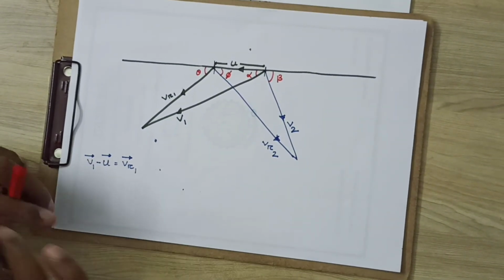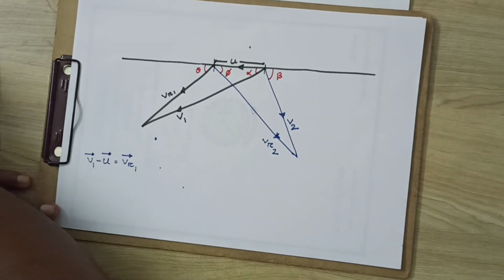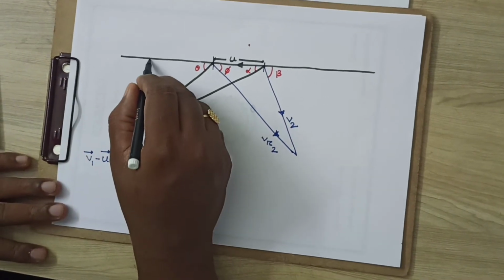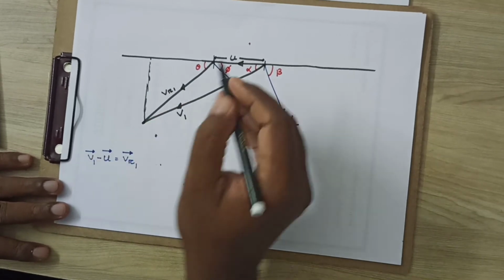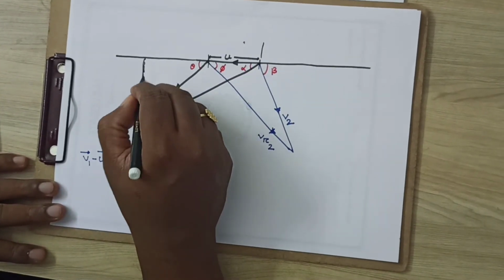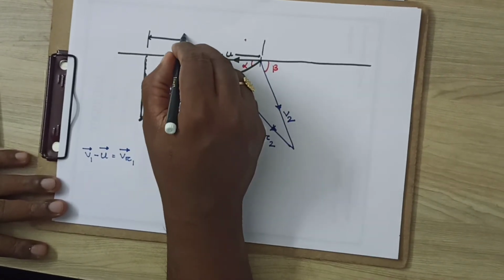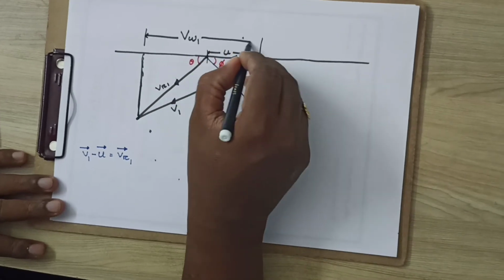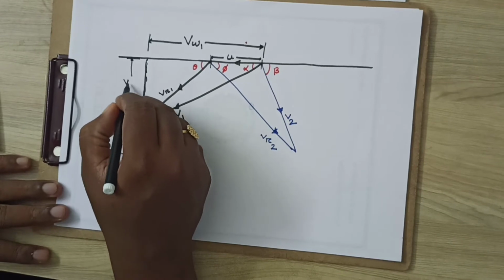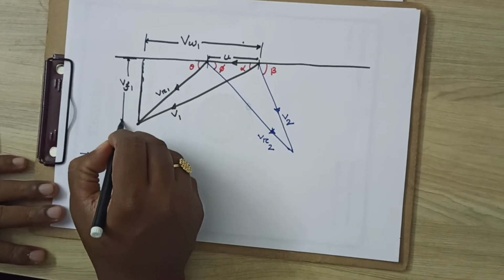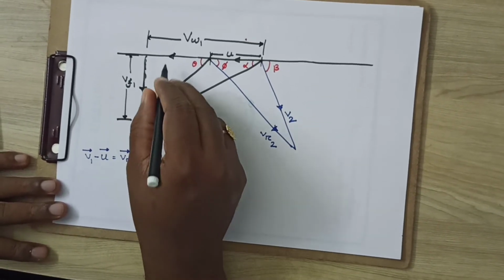Okay. Now we will find out the whirl component and the flow component. So if this is velocity V1, the whirl component, or the tangential component, is Vw1, and this is your flow component at inlet, Vf1, and the directions are something like this.